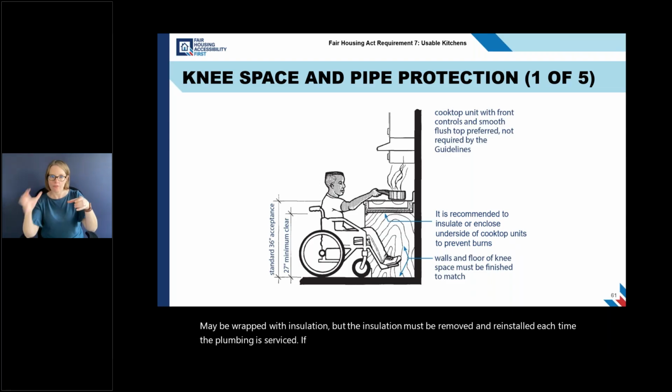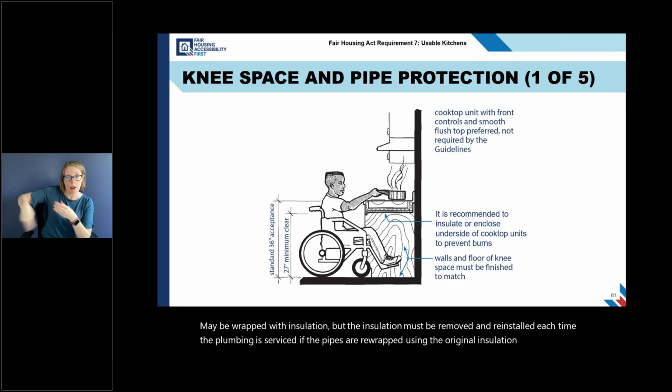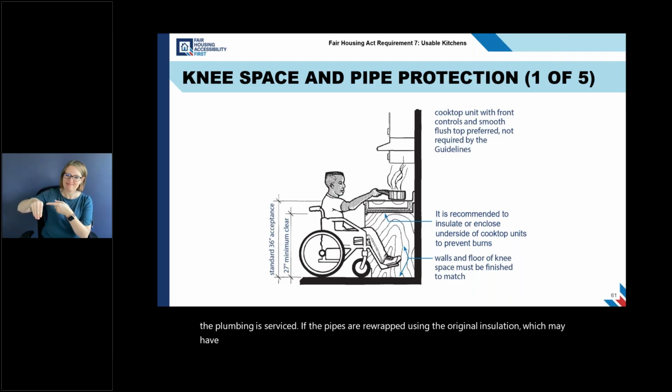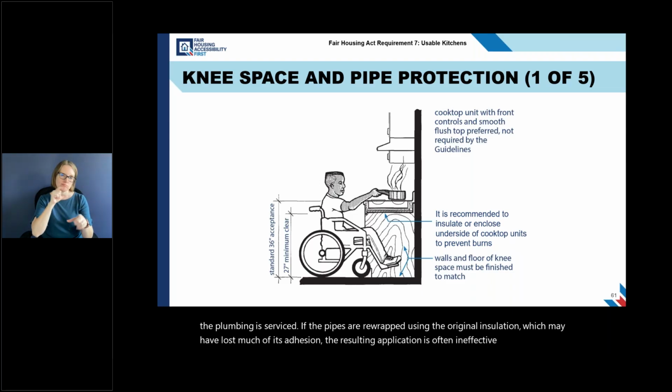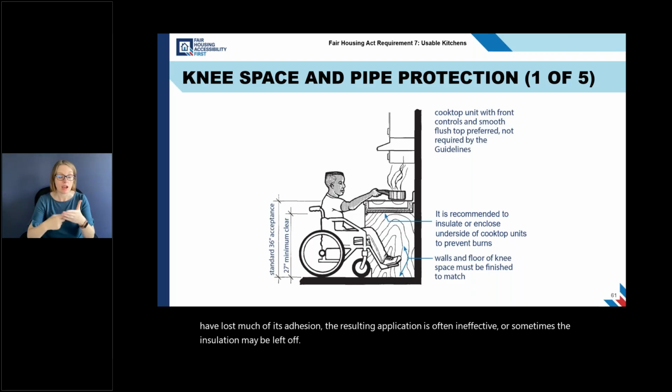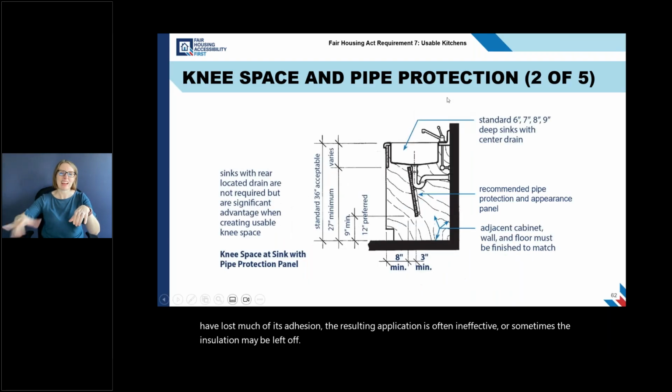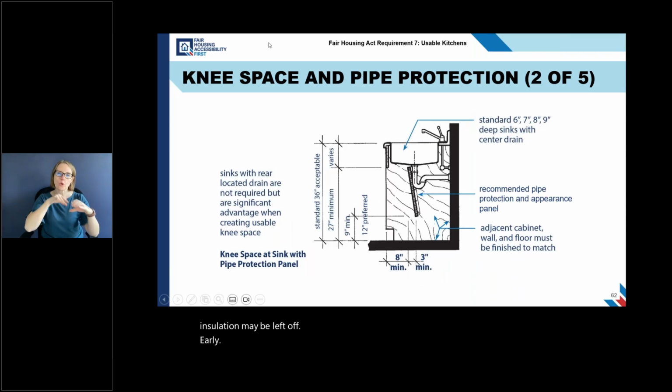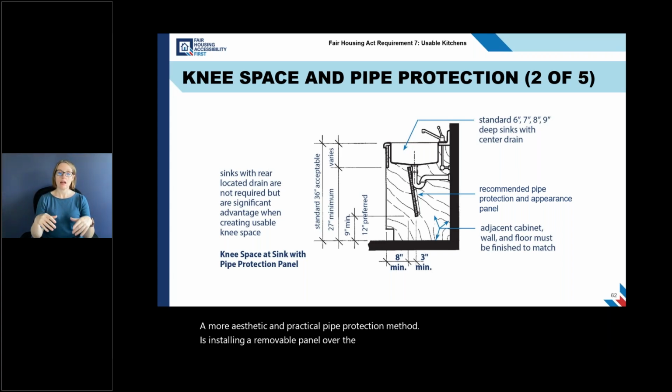If the pipes are rewrapped using the original insulation, which may have lost much of its adhesion, the resulting application is often ineffective, or sometimes the insulation may be left off entirely. A more aesthetic and practical pipe protection method is installing a removable panel over the plumbing.